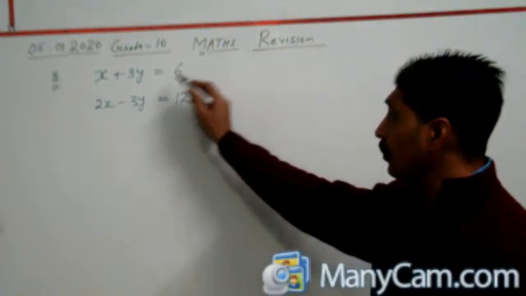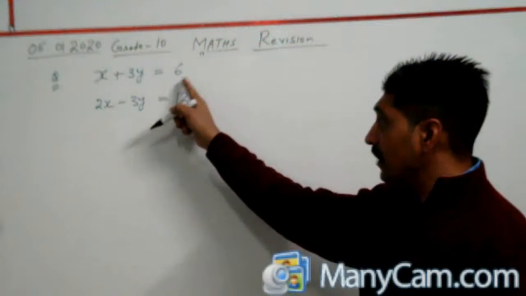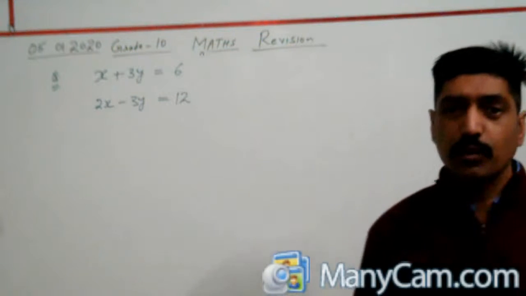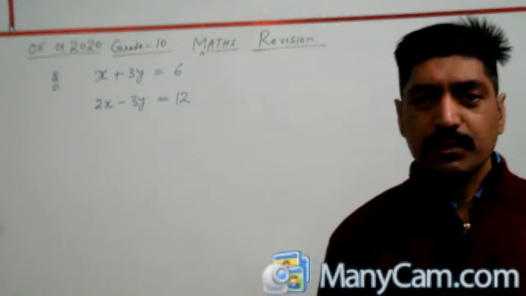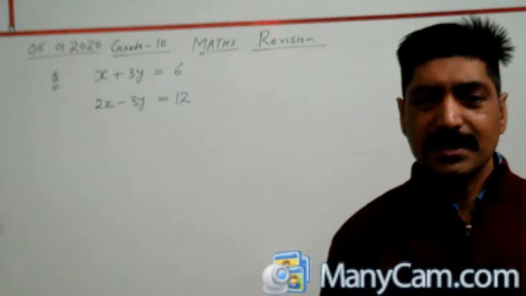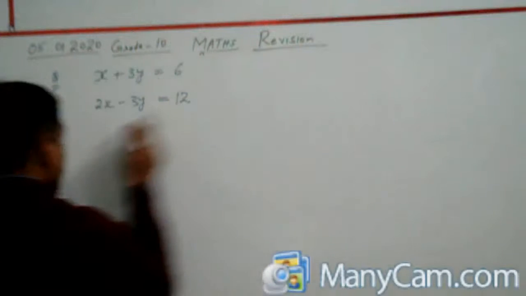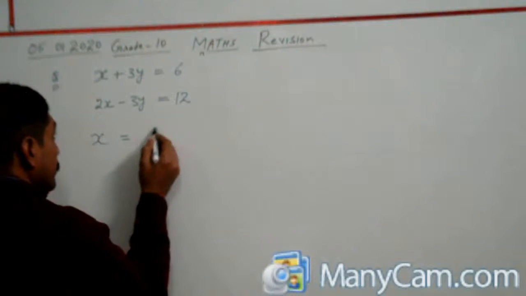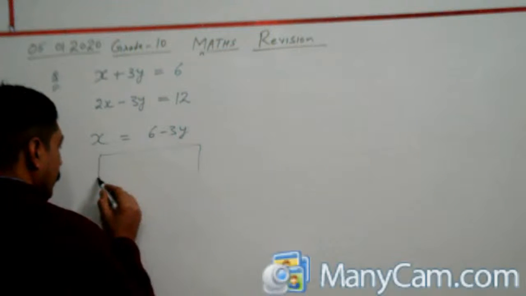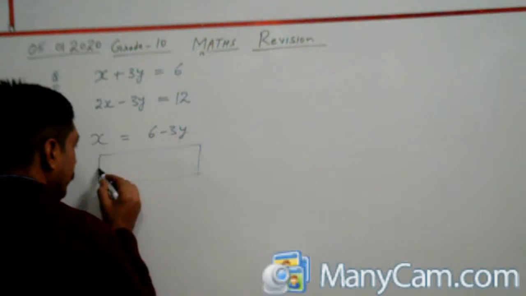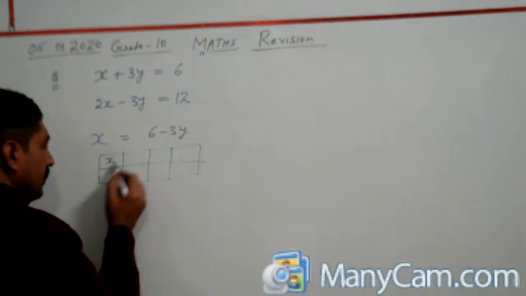So you have to write the equations and find the solution of both linear equations. We know that a linear equation in two variables represents a line. We can start here with x is equal to 6 minus 3y. We will make a table of x and y.